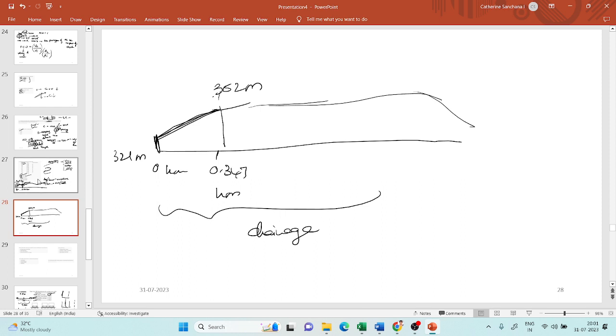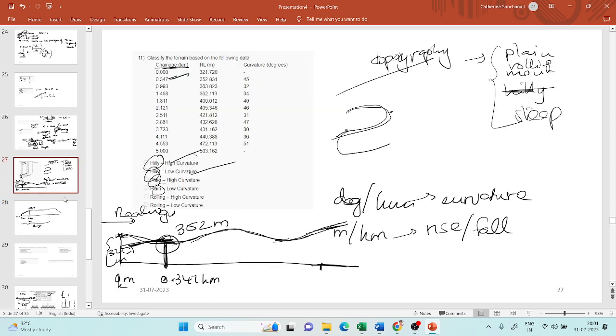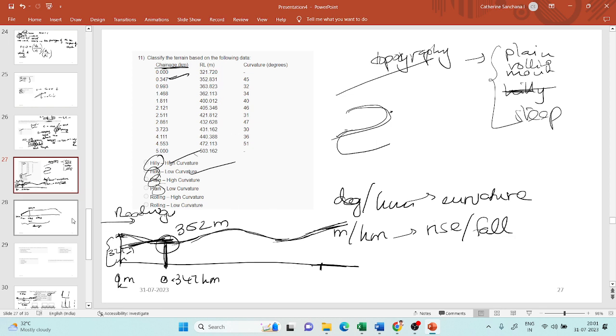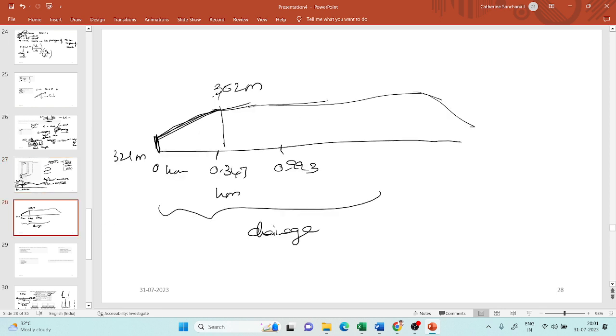Now, if you see the next chainage, 0.993, the reduced level is 363. So again, it has increased. In the same way, I can find out, so I will call this rise. Now if the reduced level is decreasing after this, say if it is 300 meters, I will call this fall.